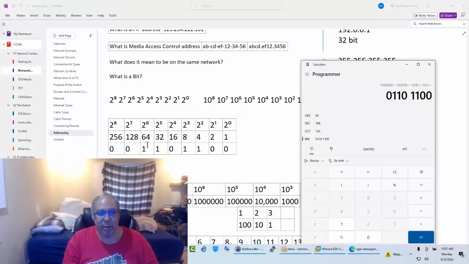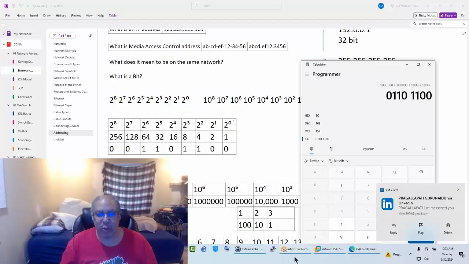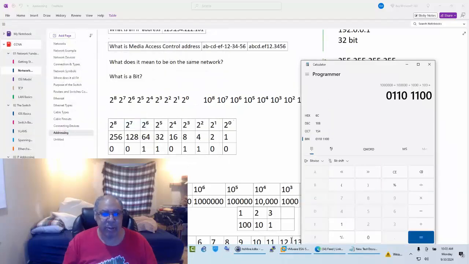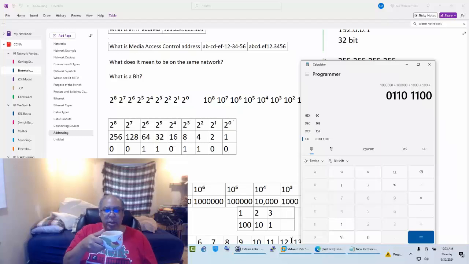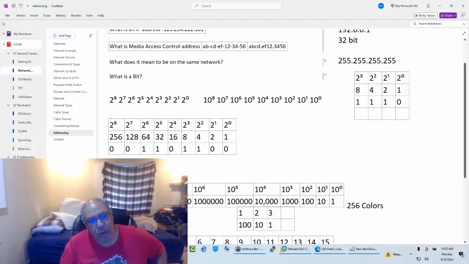Now I'm confused because I'm just having a really bad morning with my brain. Yeah, that would be 9 places because we had this 2 to the 0 place. So there's our binary. Now we're going to take that binary and we are going to convert it back over.